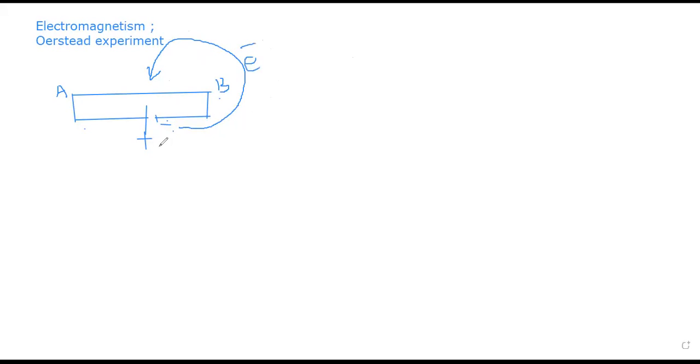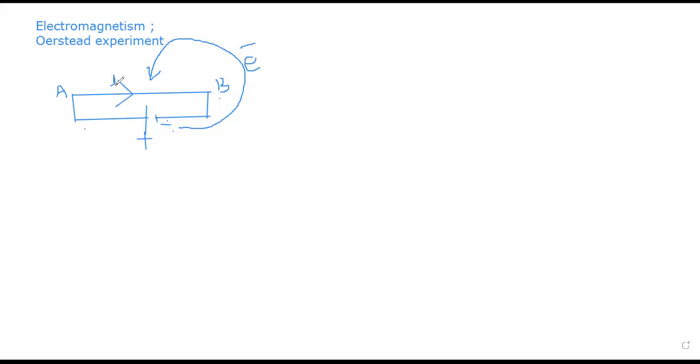So an electrical energy flows through the conductor in the opposite direction, that is, in the anti-clockwise direction in this picture. This is the direction of that energy which is flowing through the conductor, which is called current.